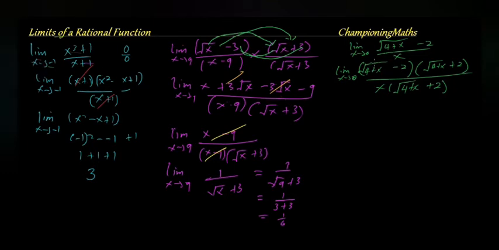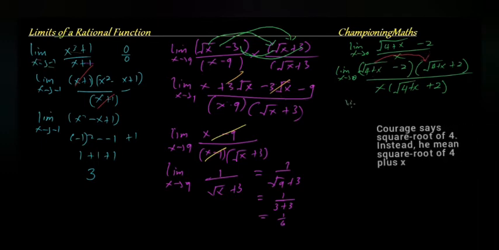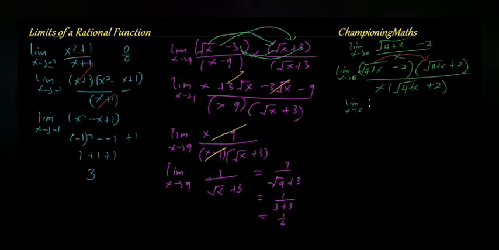And so now trying to expand the bracket, square root of 4 plus x multiplied by square root of 4 plus x will give us 4 plus x, as the roots cancel out. Now square root of 4 plus x multiplied by plus 2, we'll be having plus 2 square root of 4 plus x.